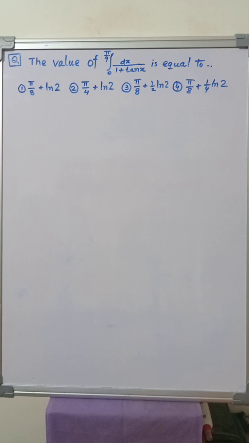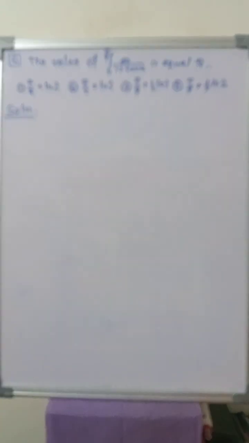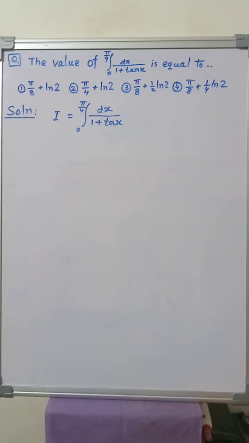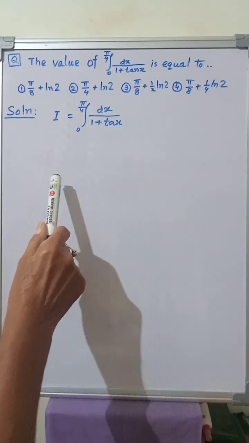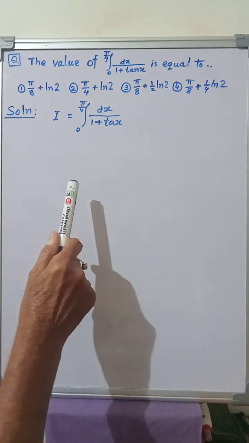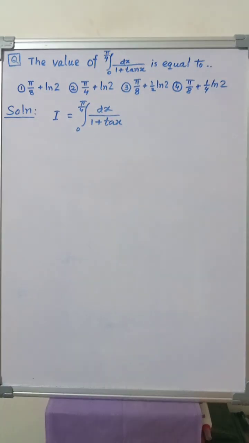Now for the solution. Let us write the given integral first. The given integral is I is equal to integral between limits 0 to pi by 4 of dx divided by 1 plus tan x.